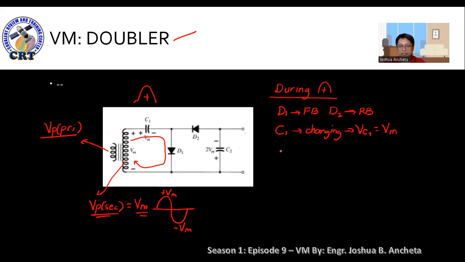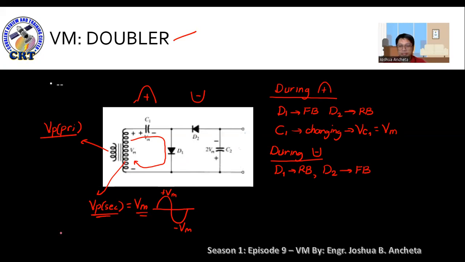So next, during the negative half cycle, okay? So consider the negative half cycle now. D1 is reverse bias. Therefore, D1 now is the open connection. While D2 is in forward bias condition.